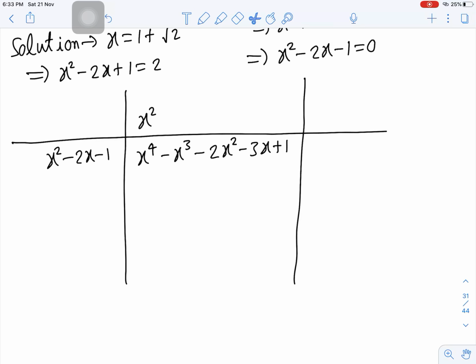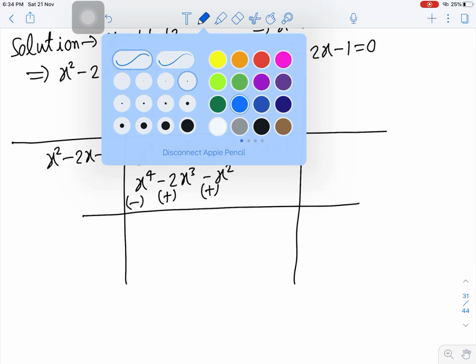Now if you multiply x square by x square minus 2x minus 1, you will get x to power 4 minus 2x cube, and then x square into minus 1, you will get minus x square. Then the sign will change because you are subtracting. So then you can cancel x to power 4.